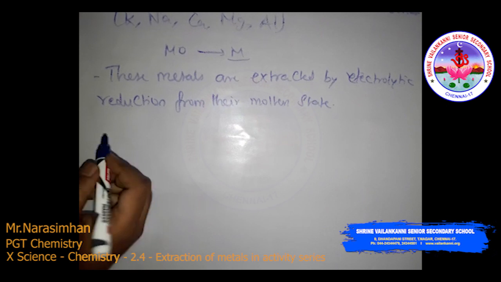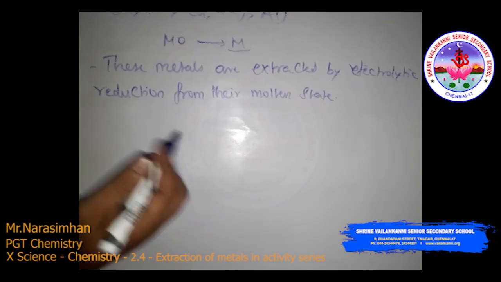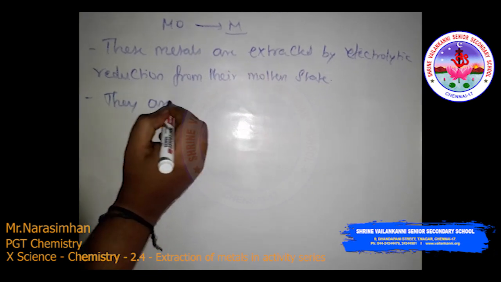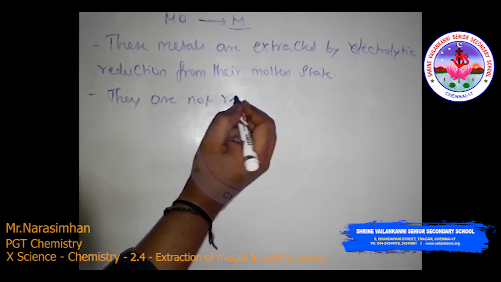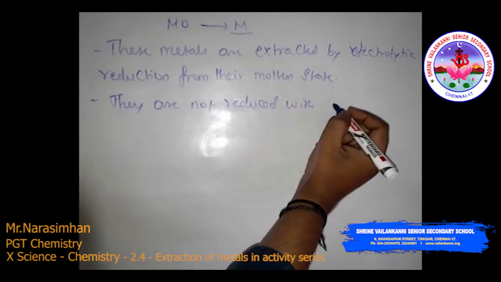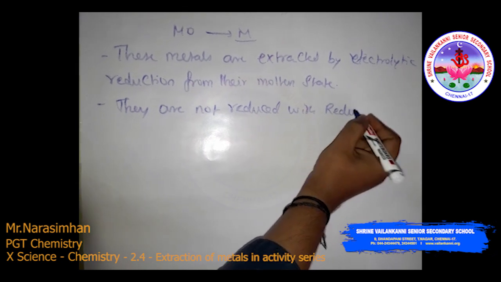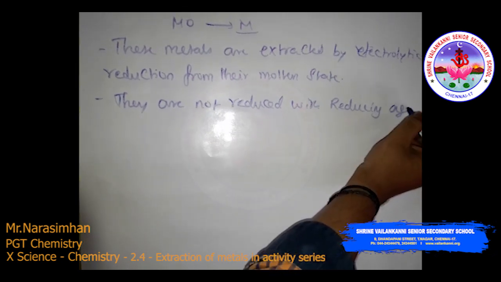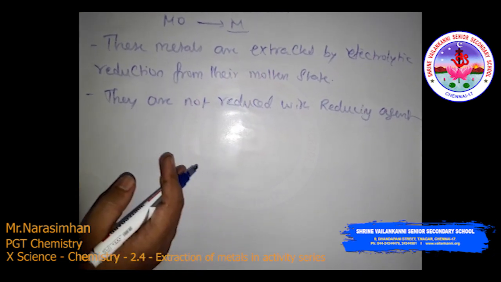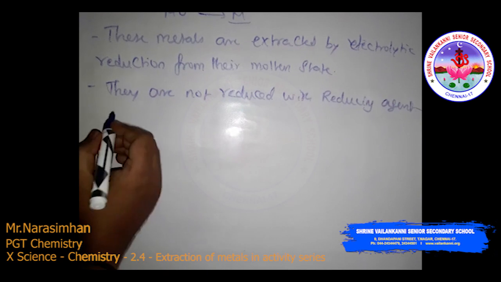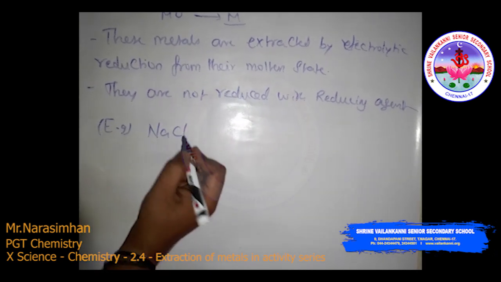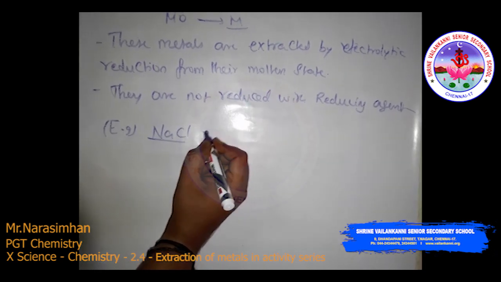These metals are highly reactive, so they are not reduced with reducing agents like carbon monoxide or hydrogen. So that is the extraction, for example, the extraction of sodium from NaCl.